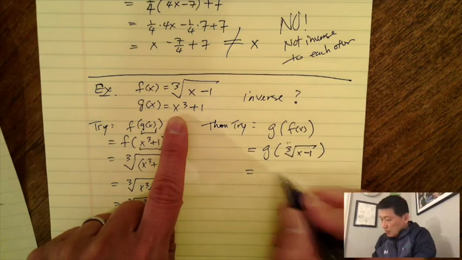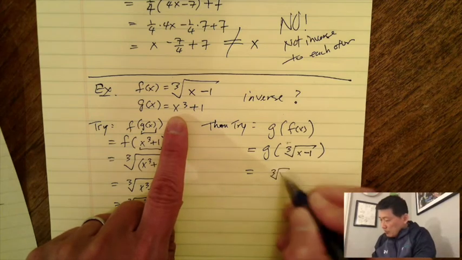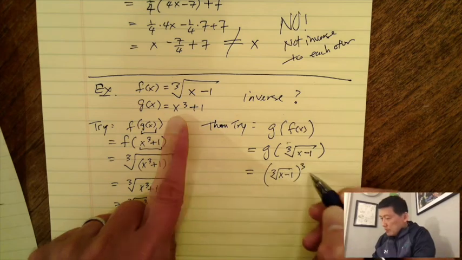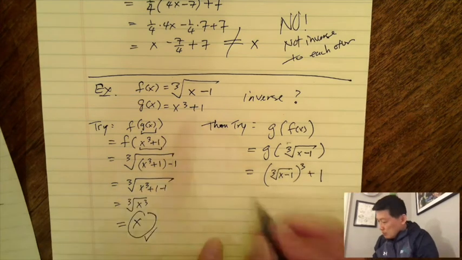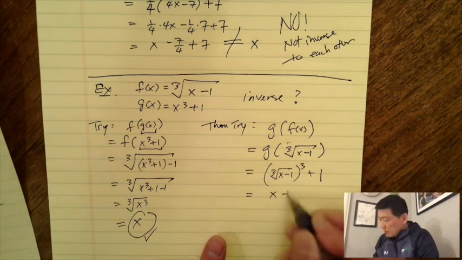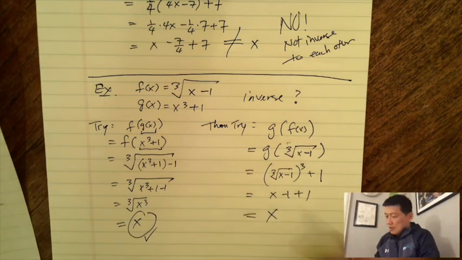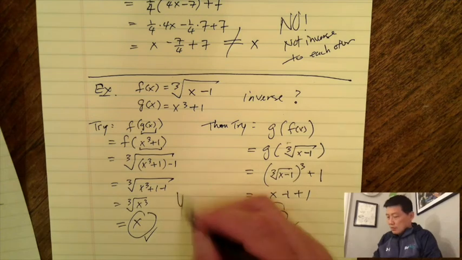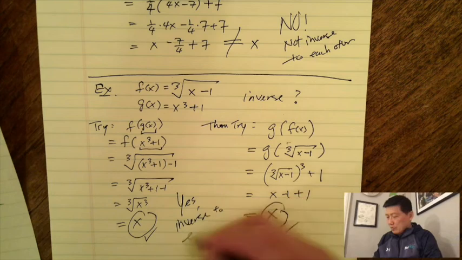So we end up with cube root of x minus 1, the whole thing cubed, then plus 1. We end up with x minus 1 plus 1, x. So then the answer is yes, inverse to each other.